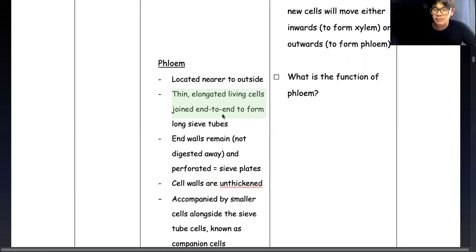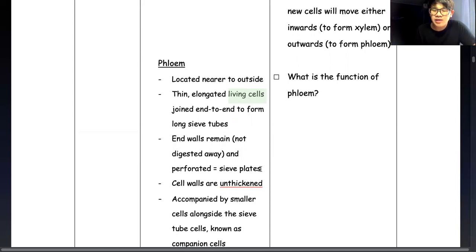Okay, so it will form, and this whole thing is what we call sieve tubes. Yang penapis itu macam straw juga, thin elongated living cells, and the thing is they are living. Kalau xylem, it's non-living. Kalau ini, ia macam straw, ada penapis, and dalamnya ada isi. Okay, so they are living.